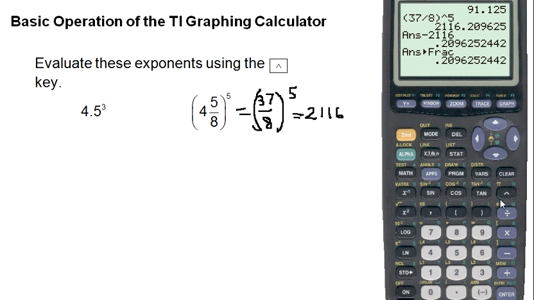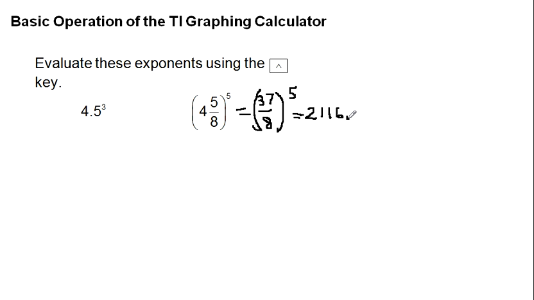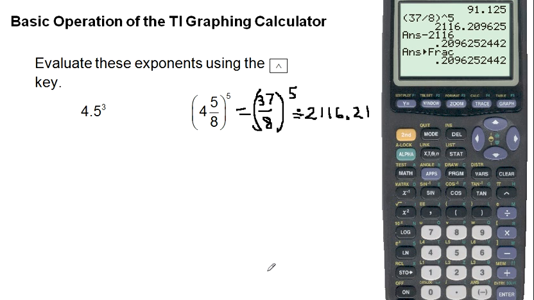I suspected it wouldn't. That's actually a rounded off position, that last value that's kept. So the best that we can do there is the answer that we were shown, 2,116, and round the fraction to whatever position that you please. So I'm going to put it as approximately 0.21. And I'll put a little dot here to mean approximately. Okay.